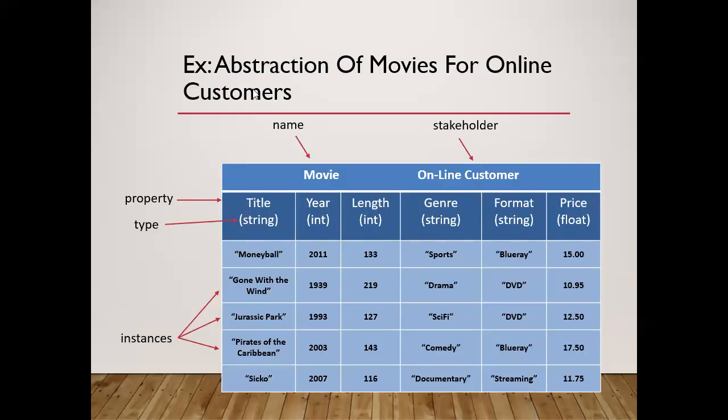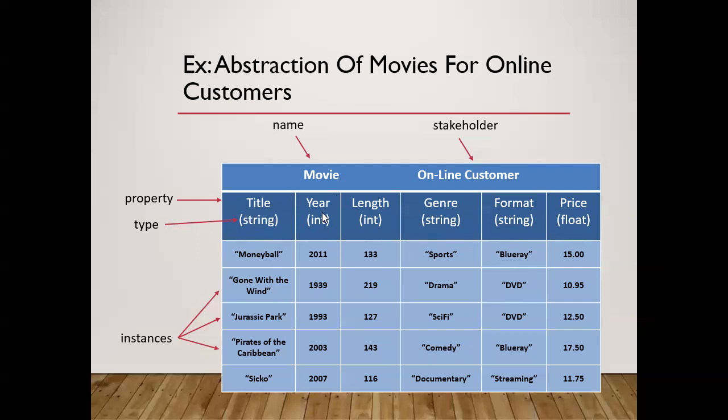Okay, so here is an abstraction of movies as an area of interest. And so the entity here, the thing of interest, is the movie. And so a movie has a title. A movie was produced in a year. So these are one-to-one relationships. Remember we talked about one-to-one versus many-to-one relationships? All of these things are one-to-one relationships. That is, for any particular movie, it only has one title.